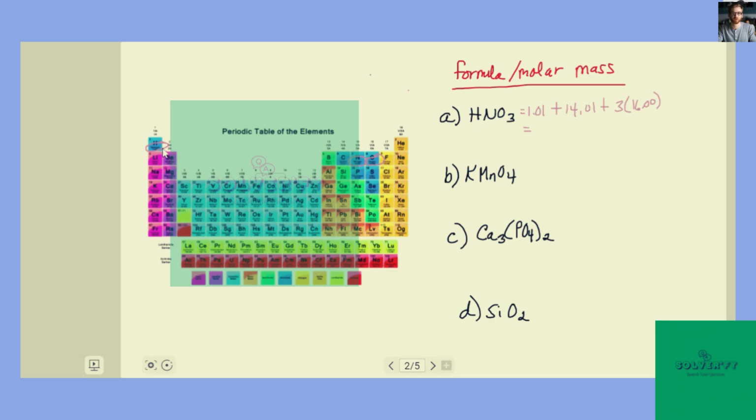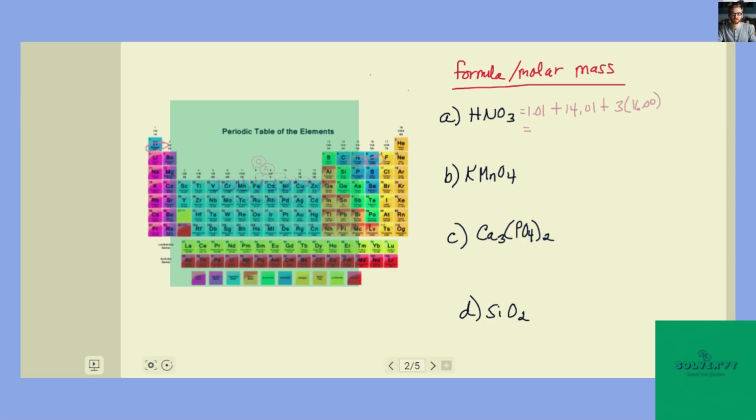And so we find the atomic mass or molar mass of hydrogen, as I've circled here just below the elemental symbol on the periodic table, and that's 1.01 grams per mole. Do the same thing for the nitrogen, that's 14.01 grams per mole. And oxygen is going to be 16 grams per mole. But we can see in the formula that we have three oxygens, so we need to multiply that number by 3.